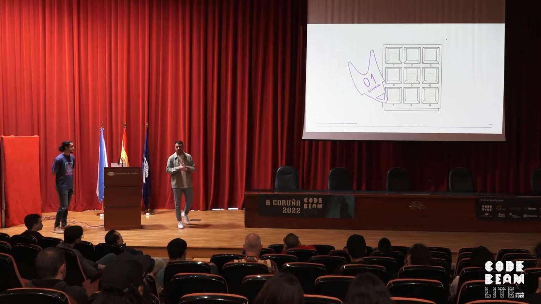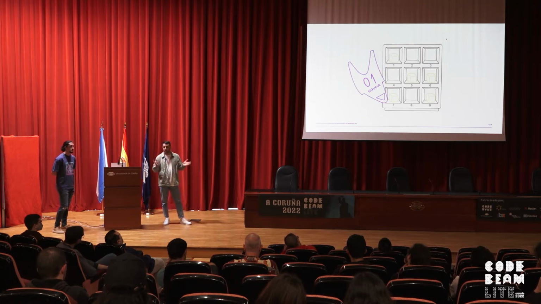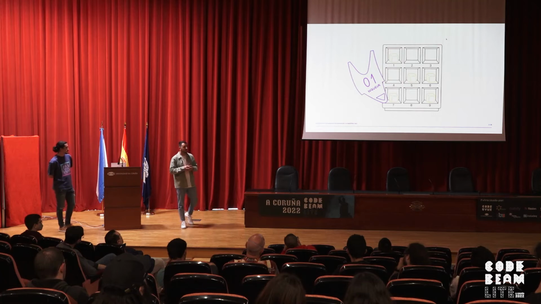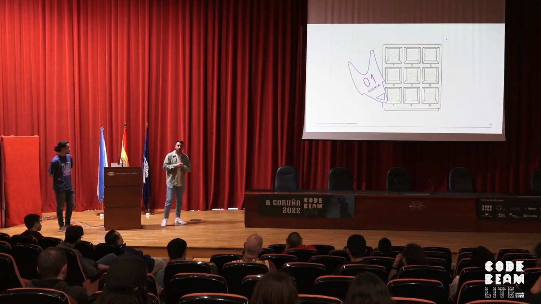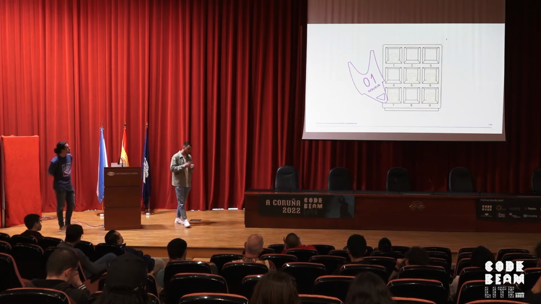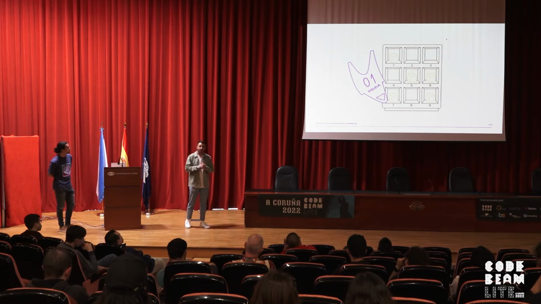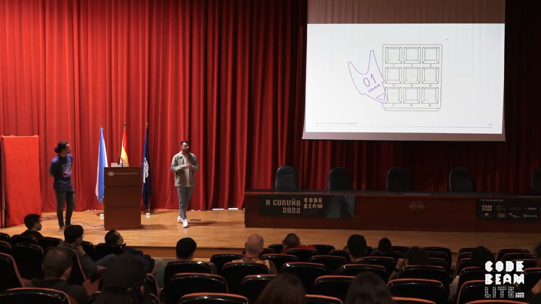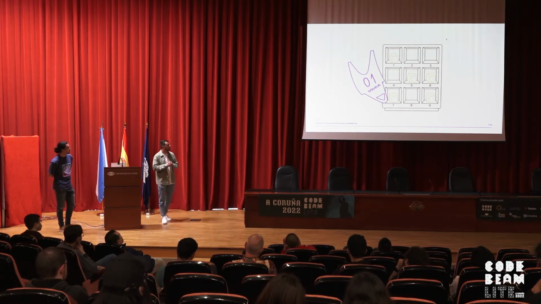NQ is a library that implements a solution for the problem we saw at first, and it does it by implementing some sort of locker with a ticketing system where each time a process wants to do something on the queue, it just takes a ticket, and the ticket tells it where it has to work.